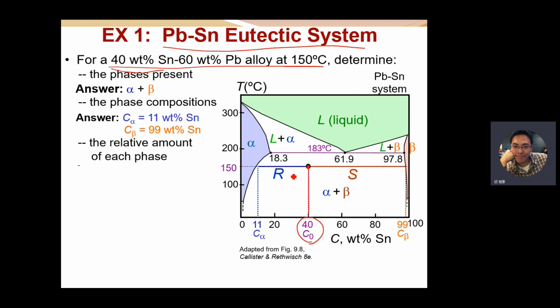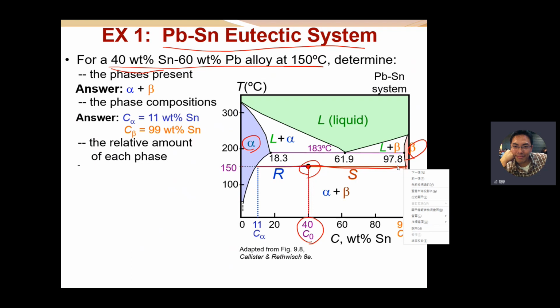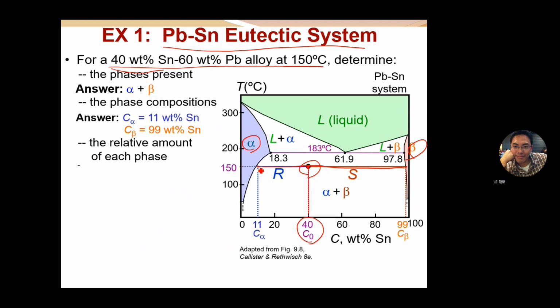At this point, its phase is alpha plus beta, right? Two solid phases, because this region is between the alpha and beta. Then we can draw a tie line, you remember that? And we get the intercepts here and here.